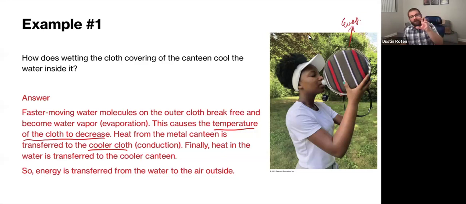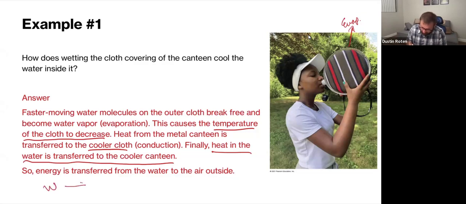Now, when the metal canteen gets cooler, it's going to take on the heat of the water that's actually inside the canteen. So we have all these steps, essentially. We can say that the water will heat up the cooler canteen, which will heat up the cooler cloth. Put can here, short for canteen.